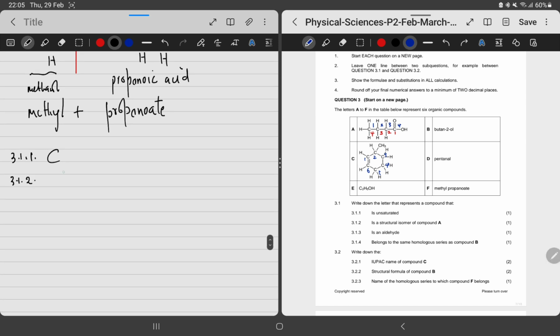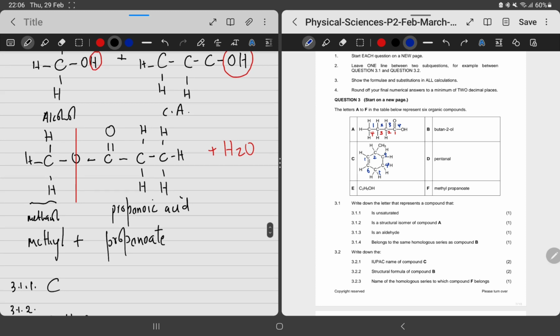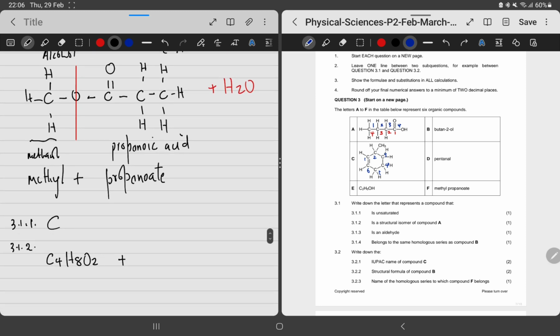Okay, so let's look at A. For A, you have 4 carbons, and then you have 1, 2, 3, 4, 5, 6, 7, 8 hydrogens and 2 oxygens, right? Okay, let's look at F. For F, how many carbons do you have?